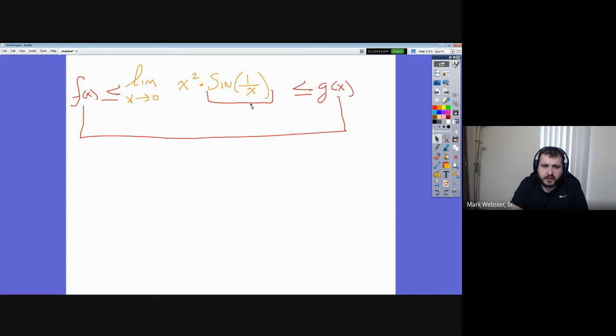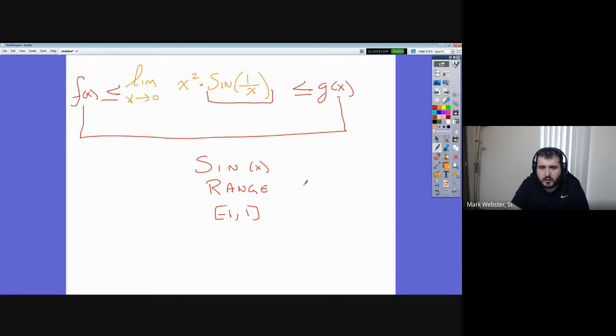Well, there's a specific reason I have this sine of x bracketed and called attention to. And that's because this thing has a maximum and a minimum y value that pops out, right? The range on the sine function is from -1 to +1, right?